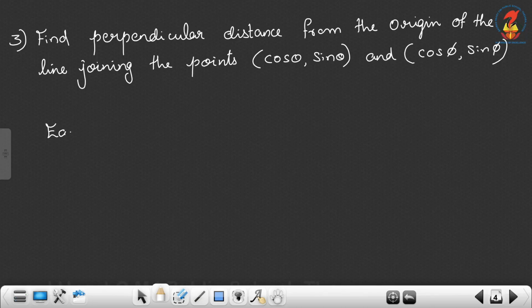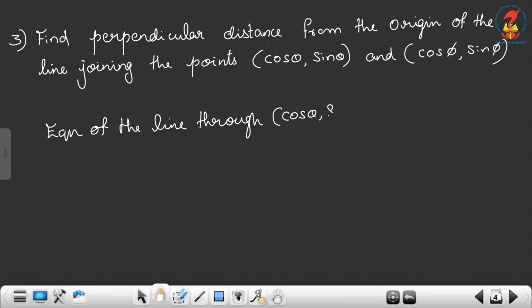So equation of the line through the points cos theta sin theta and cos phi sin phi. These are the two given points.